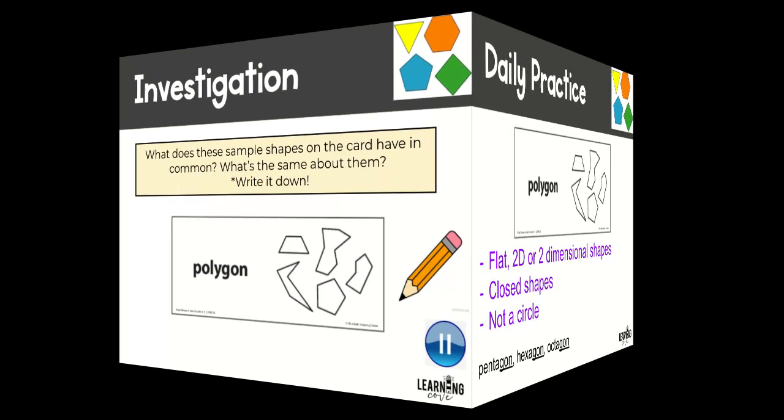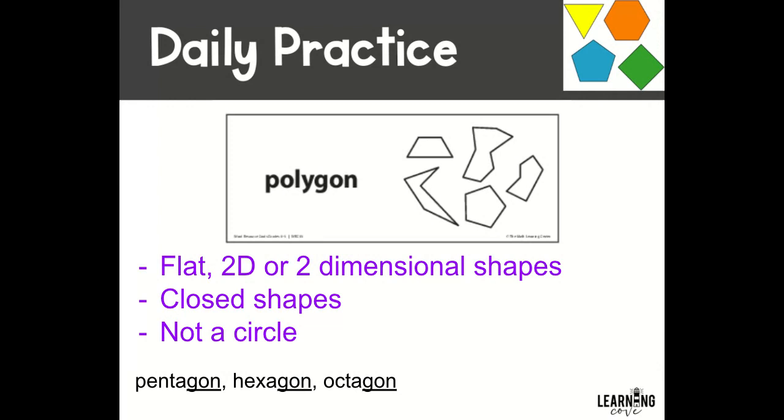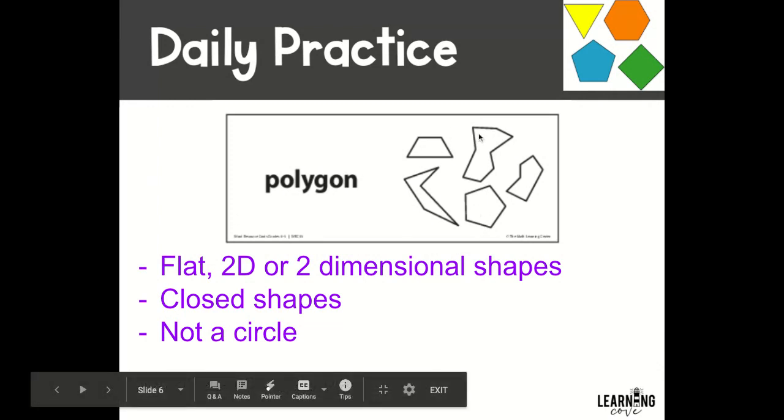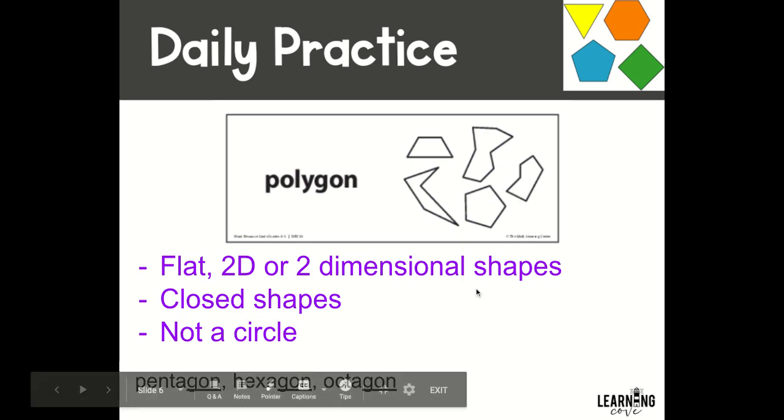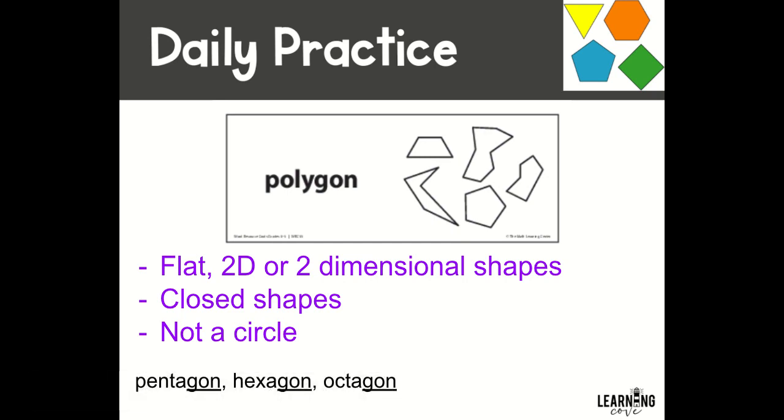Well, what I noticed is that they're flat 2D or two-dimensional shapes. They're all closed shapes, and I don't see a circle. Also, this makes me think of the words pentagon, hexagon, and octagon. They all end with the word gon, just like polygon.